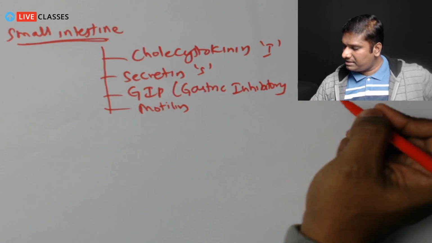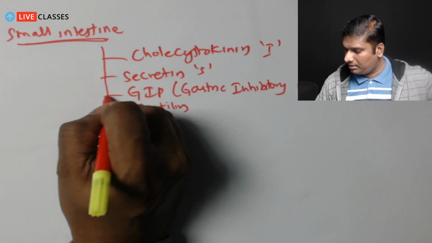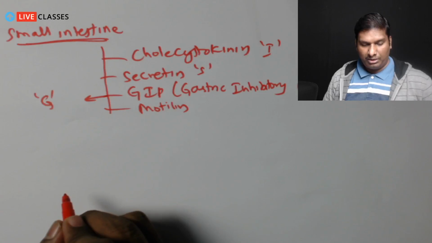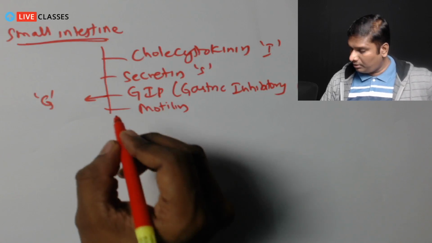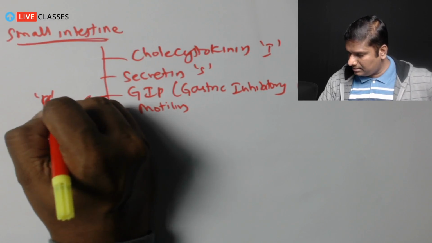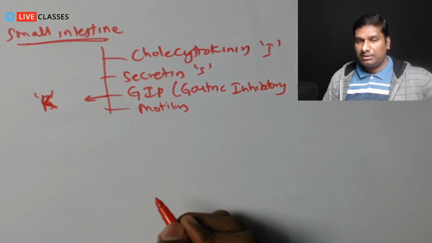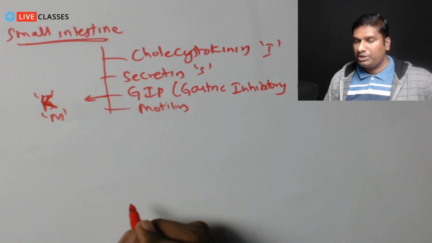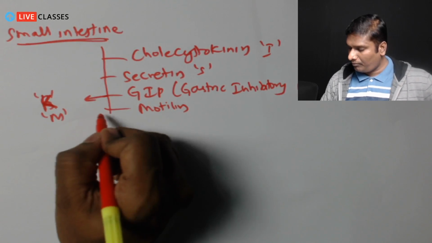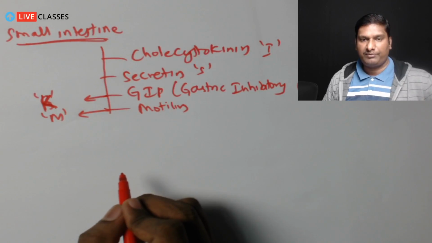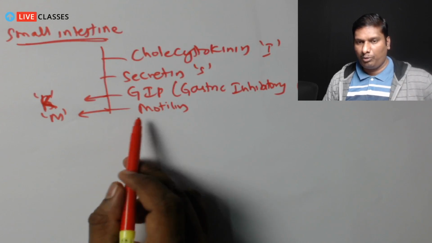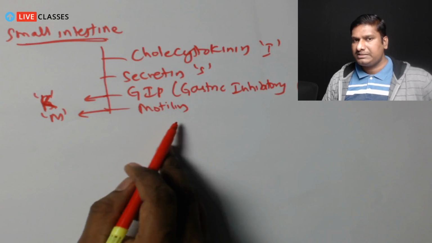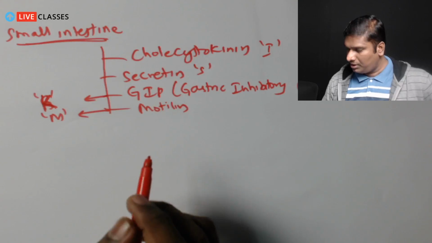Gastric inhibitory peptide is produced by the K cells of the small intestine. Then you have your motilin, which is produced by the M cells of the small intestine. So these are the various cells which actually secrete the hormones. Now what do they do?